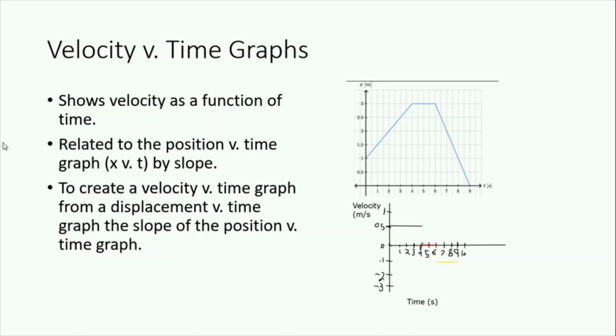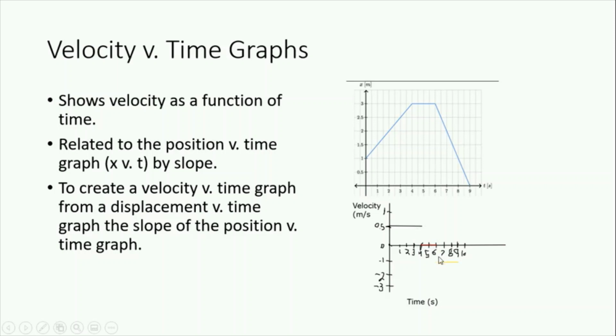So if you remember from what we talked about on the previous slide, the slope of this line, the slope of this line, and the slope of this line were the velocities for those sections. So we said the velocity for this first line was 0.5 meters per second. So all I did was graph the line at 0.5 meters per second for the first 4 seconds. And I did that in a little black line.